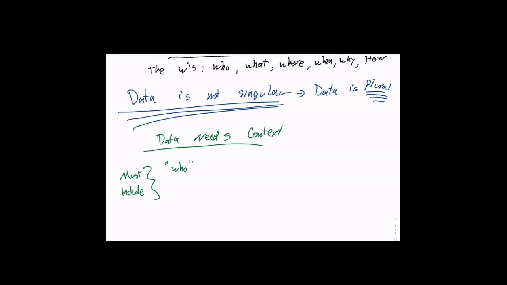Who is the data about? Now, there've been a lot of instances where we can go into all kinds of different things, but I just want to point out one example.